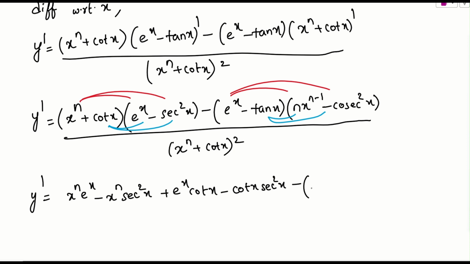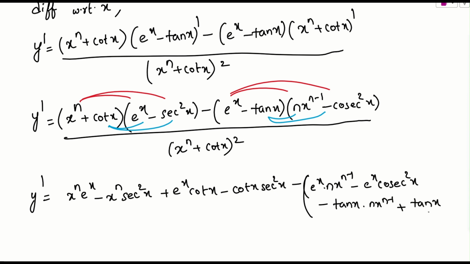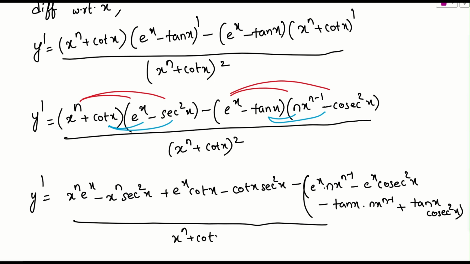This is, bracket open, e^x into n x^(n-1), minus e^x into cosec² x, minus, inside the bracket only, tan x into n x^(n-1). This will be minus minus plus. This is nothing but tan x into cosec² x. Is it okay? The whole thing you need to divide by what? Denominator, that is (x^n + cot x) the whole square.